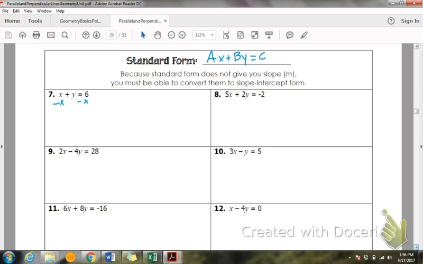Now, sometimes we're going to put x on the end, but instead, because y equals mx goes first, we're just going to slide it in front of that 6. We cannot combine 6 and x because they're not like terms. So y equals negative x plus 6. You're finished. Done.